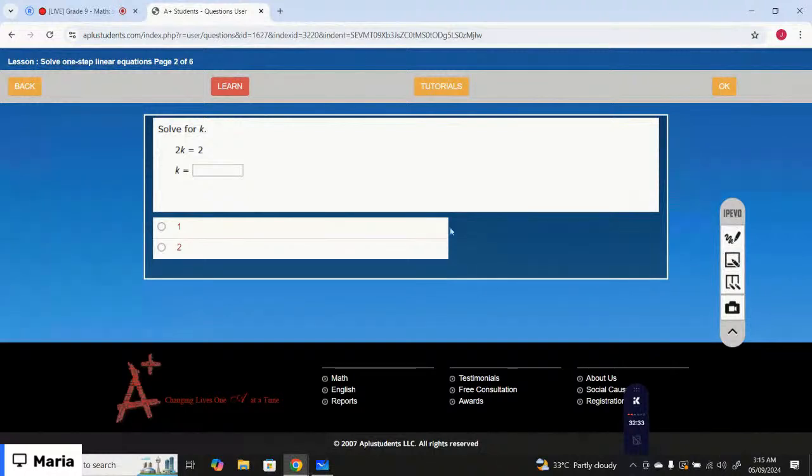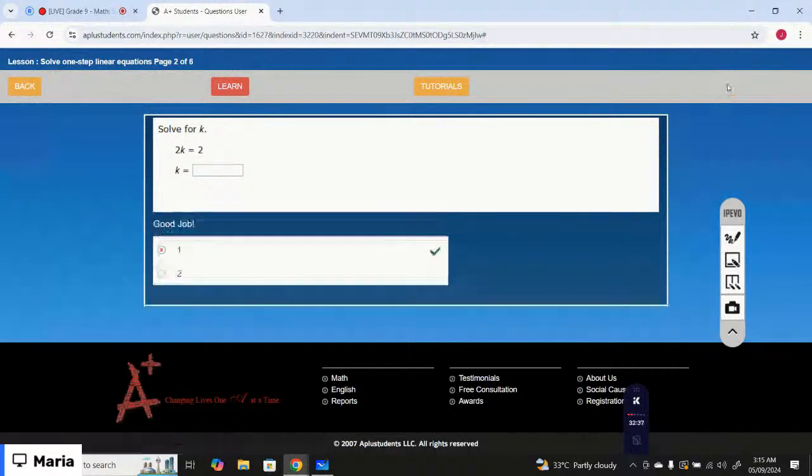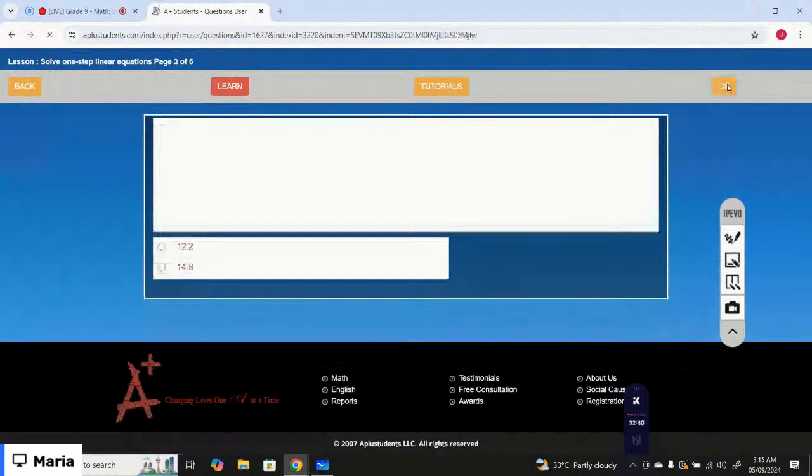Option number 1 is the correct option. Very good. Okay, the next one is solve for m, which is the correct option.